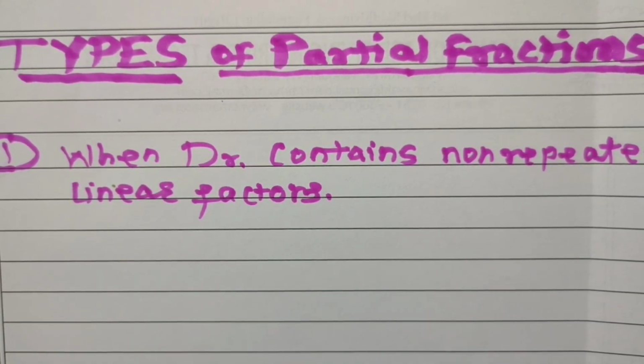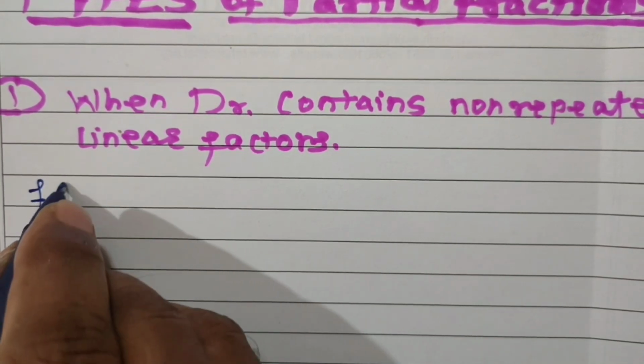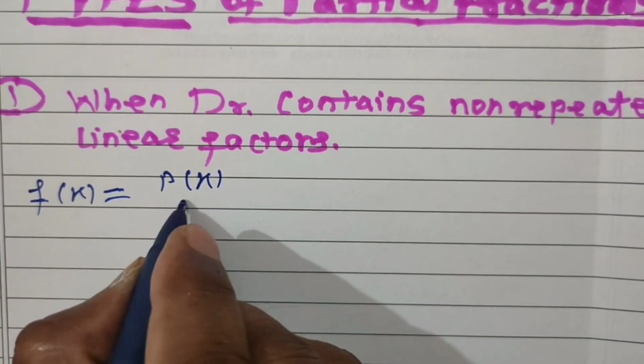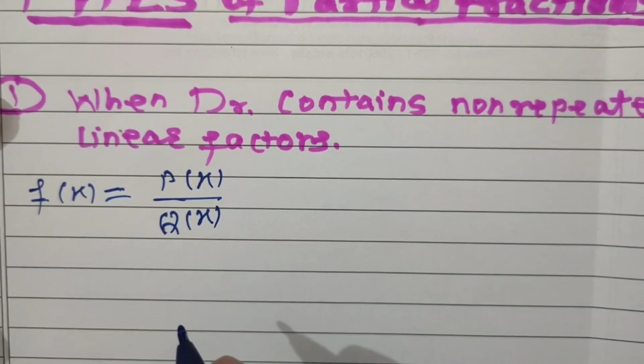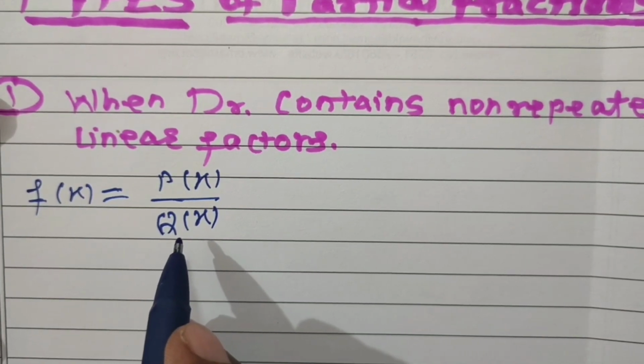So in this case we are assuming a proper rational function which is given by p of x upon q of x. And here denominator q of x, its linear factors are non-repeated.